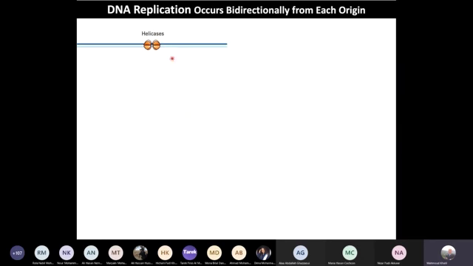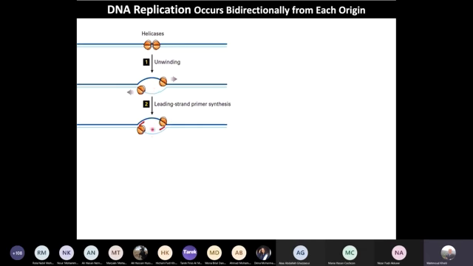To describe more what is bidirectional mechanism, so you can see here it is a linear DNA, double-stranded DNA. The helicase sits and binds to the DNA at the replication origin. It melts DNA, opening up DNA by process of unwinding and melting the hydrogen bonds. Soon after that, the replication starts.